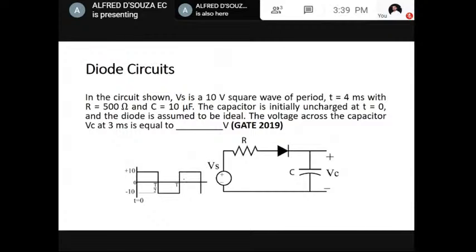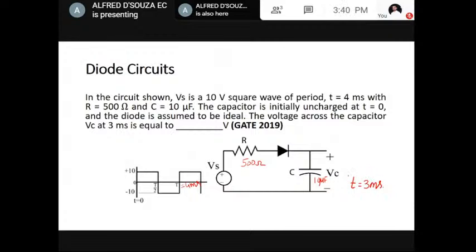The period of the waveform is given, T is 4 millisecond, with R as 500 ohm and C as 10 microfarad. The capacitor is assumed to be initially uncharged, and the diode is ideal. So what is the voltage across the capacitor at time t equal to 3 millisecond?